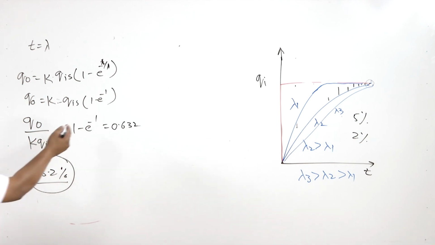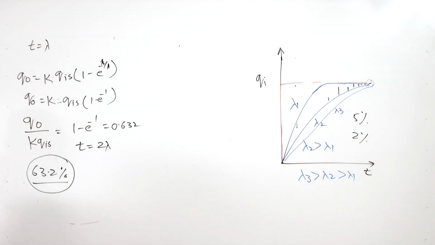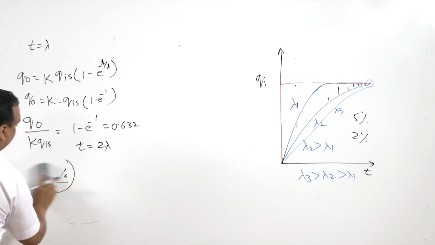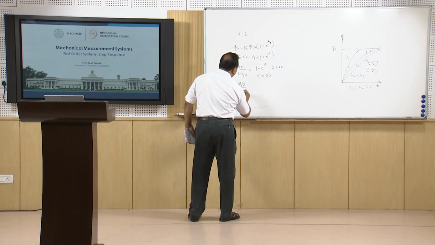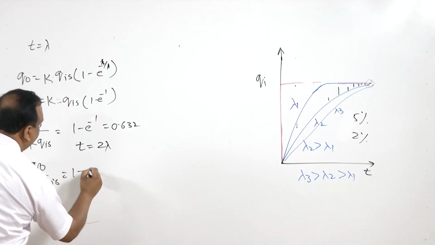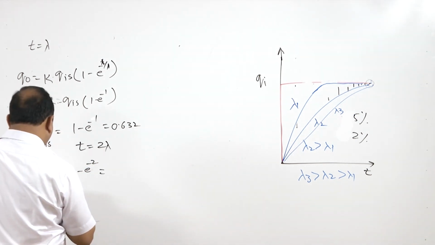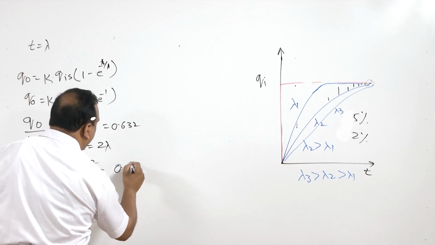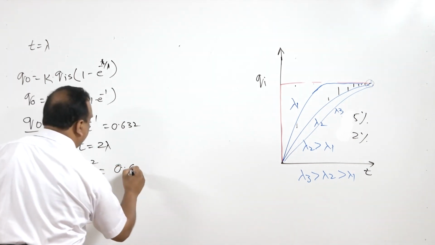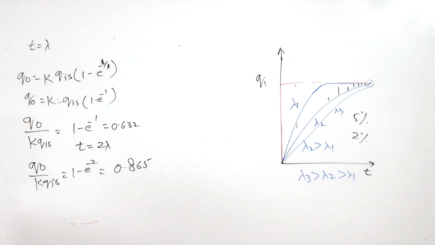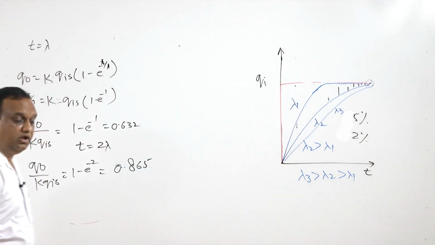Now if instead of 1, suppose I take t is equal to 2 lambda, then Qo by K Qis is equal to 1 minus e raised to power minus 2, and this is going to be 0.8865. Now the time is increasing and we are getting closer to the input.